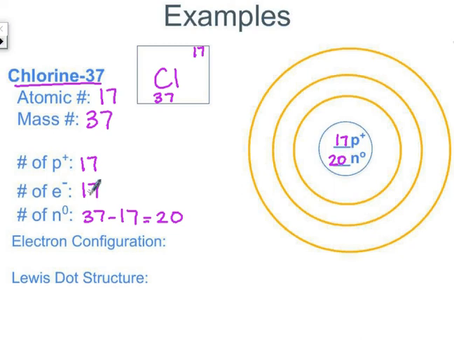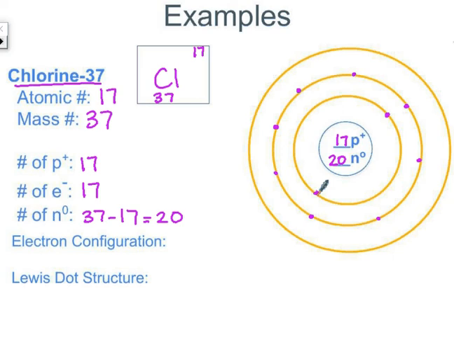So now we have to use the 2 and 8 rule again. So 2 for the first shell maximum, and once you fill up that first seat, it bumps out to the next. So 1, 2, now we've used up 2. Now how many can fit in the second one? 8. So 1, 2, 3, 4, 5, 6, 7, and 8. So now I have 8 and 2, which gives me a total of 10.